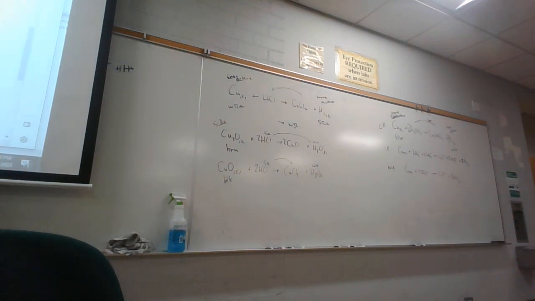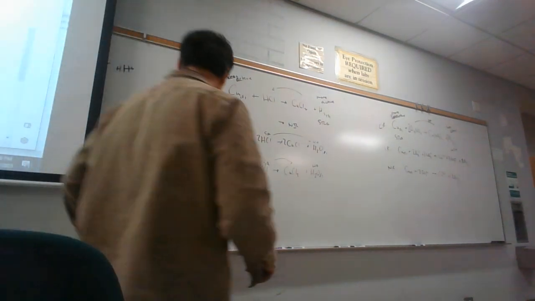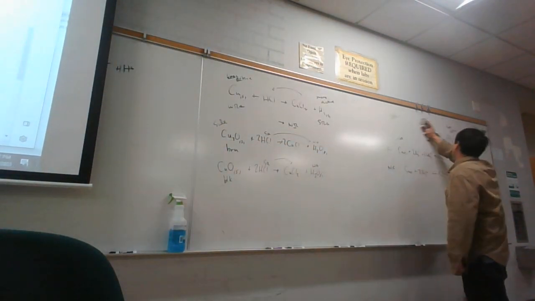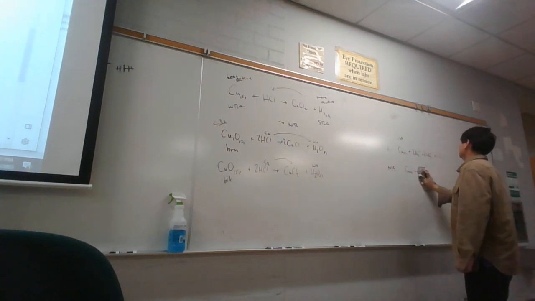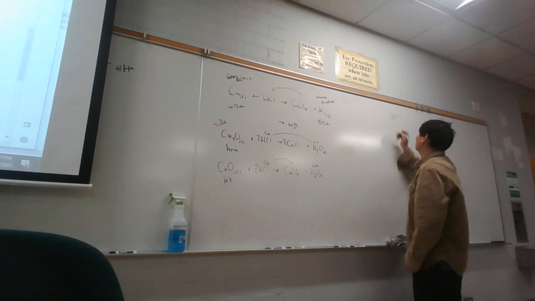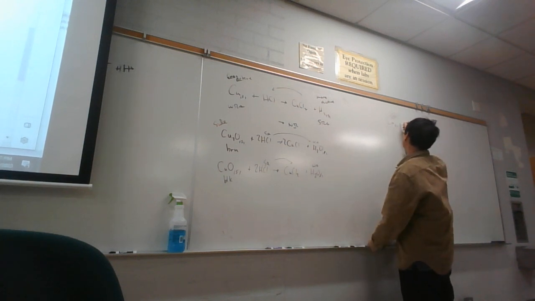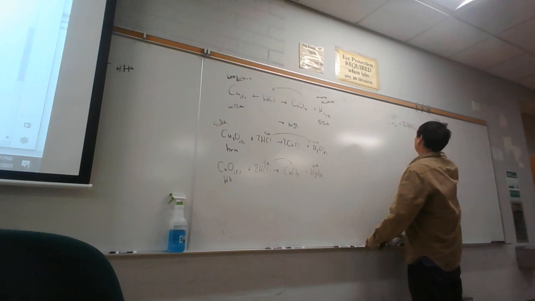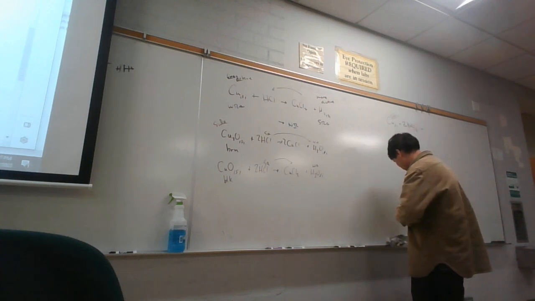All right, and then I skipped one, copper metal and zinc nitrate. So let's take a look at that one over here. Copper metal plus zinc nitrate. What's going to form from this?